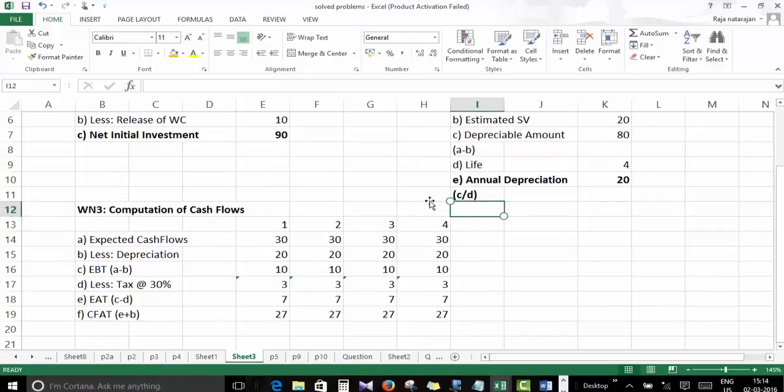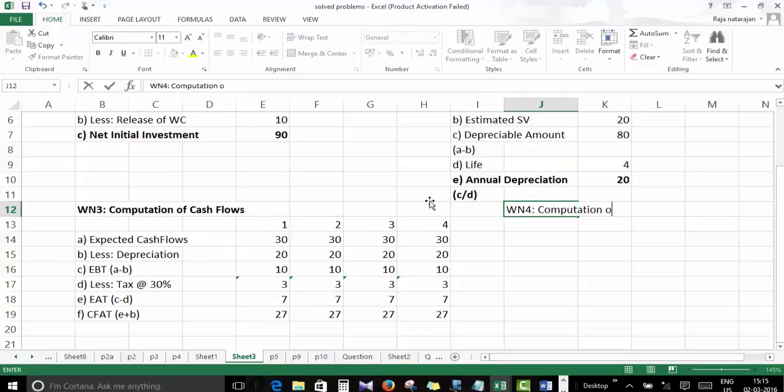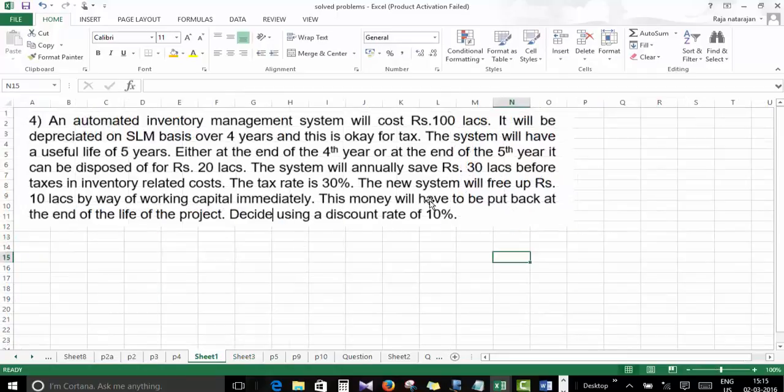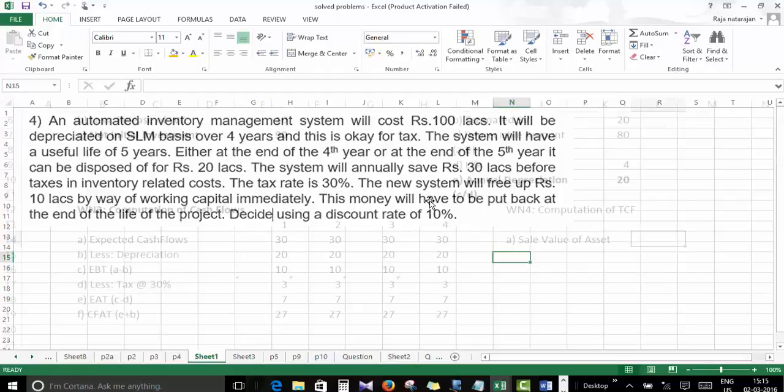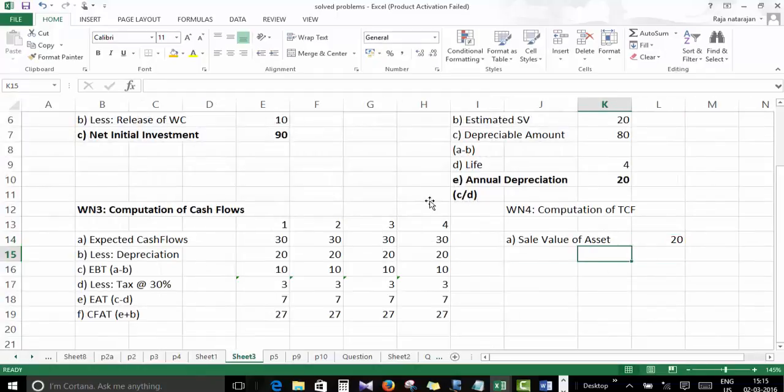We'll have working note 4, computation of terminal cash flow. Terminal cash flow in that item A is sale value of asset. What is the value at which this asset is going to be sold? It's going to be sold for 20 lakhs. But working capital has to be reinstated.